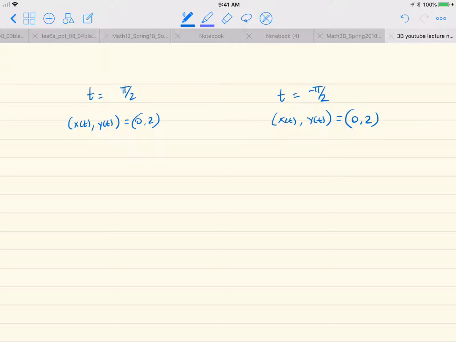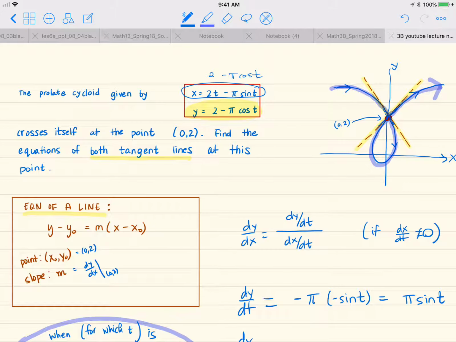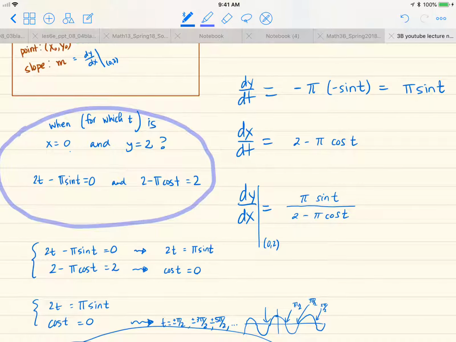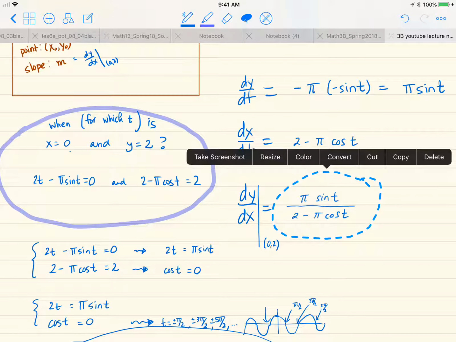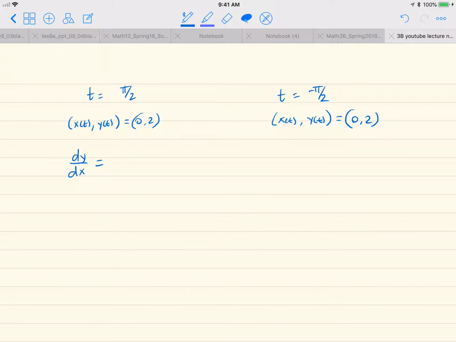Okay, and our dy dx, which we said is equal to pi sine t over 2 minus pi cosine t.